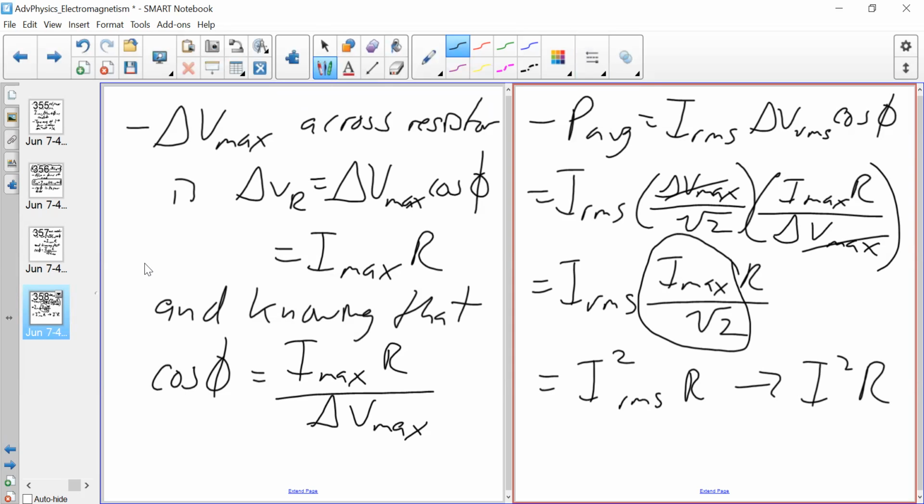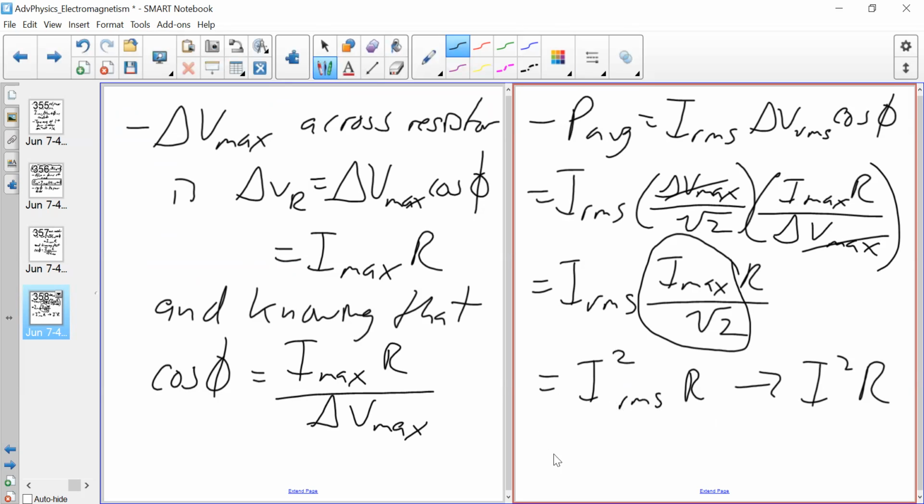So now we go back to the power equation. So this will be average power, I squared RMS.